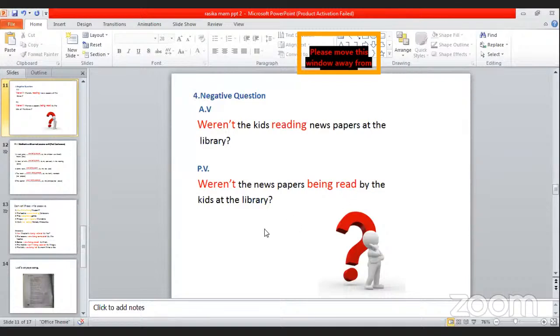Then being read by the kids at the library. So this will be our negative question. Weren't the newspapers being read by the kids at the library? This will be our passive voice negative question. Right, we'll move on to the next one.